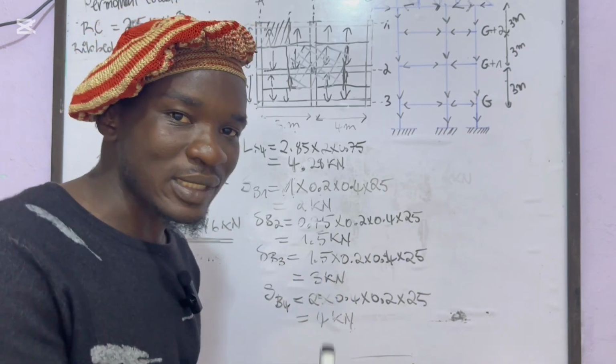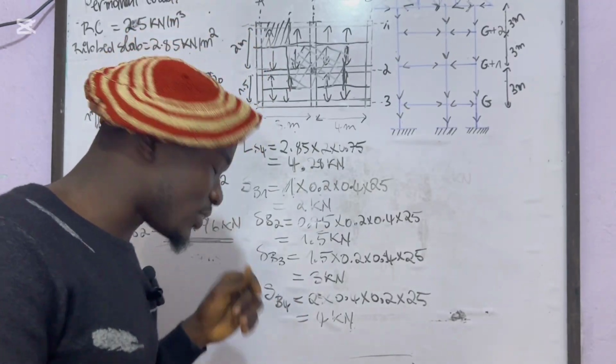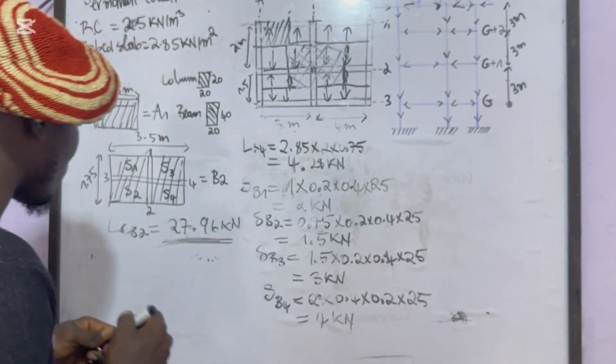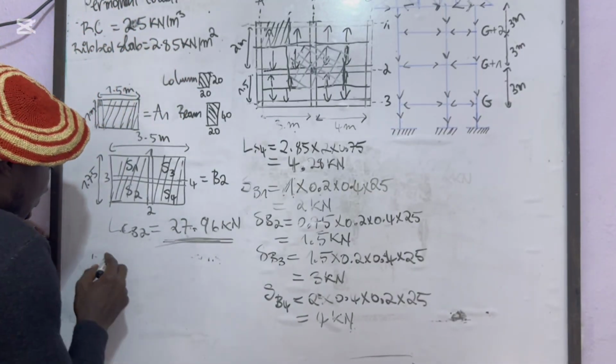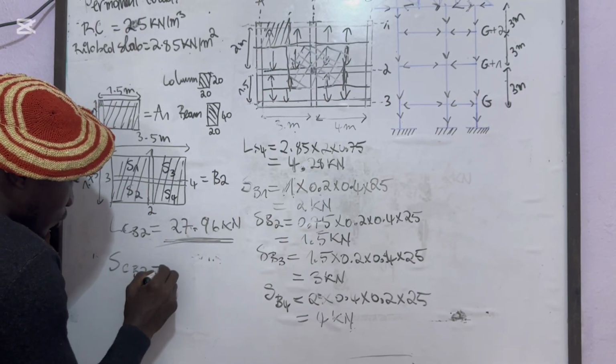That's why we need to consider the self weight of the reinforced concrete and add it to this load received, which is the load being carried by the reinforced concrete. So the self weight of the reinforced concrete column B2 will be equal to what?